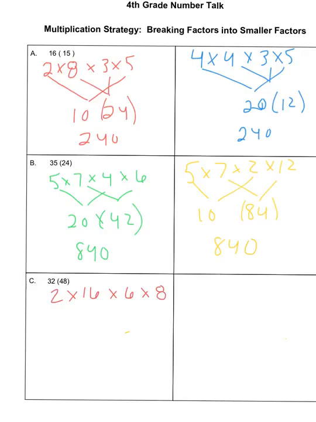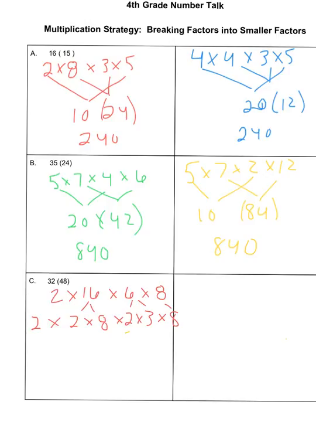Well, I don't know if there's anything that really works coming together, so let's keep that 2, but let's recognize that 16 is also 2 times what? 8. And we also know that 6 is 2 times 3. And then let's keep that 8 and see if this doesn't help us.